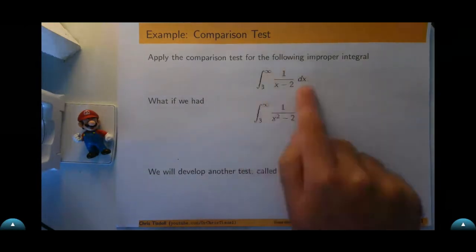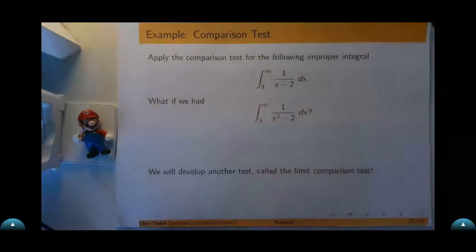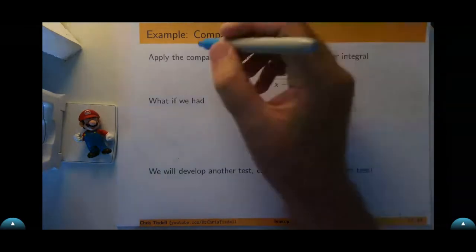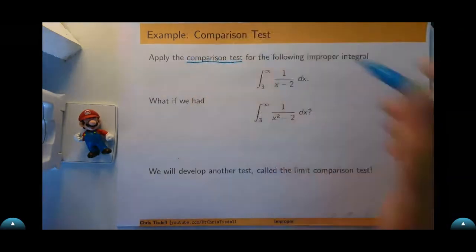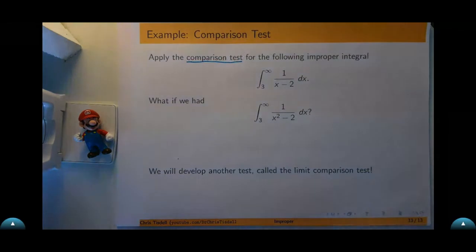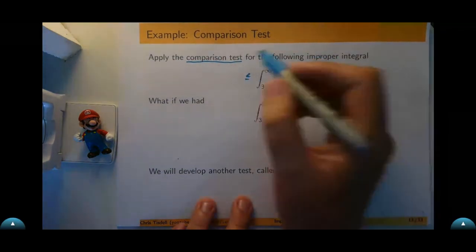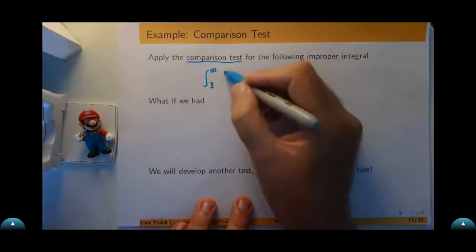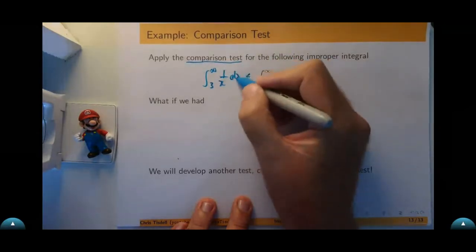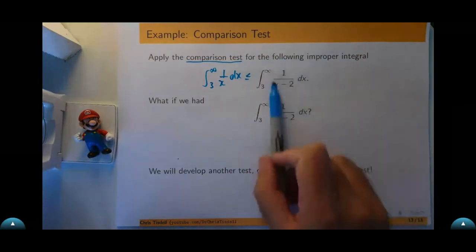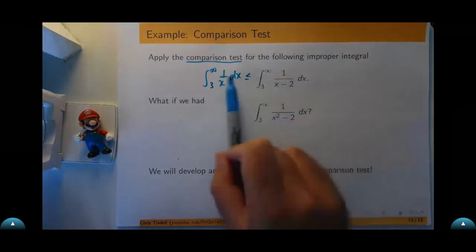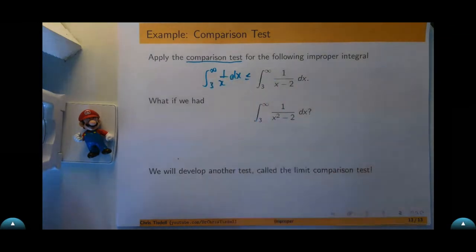We want to know if these types of integrals are finite or not, if they converge or not. When we apply a comparison test, we're essentially comparing one integral with another. Because this is greater than or equal to this on this interval, we can say this is true.